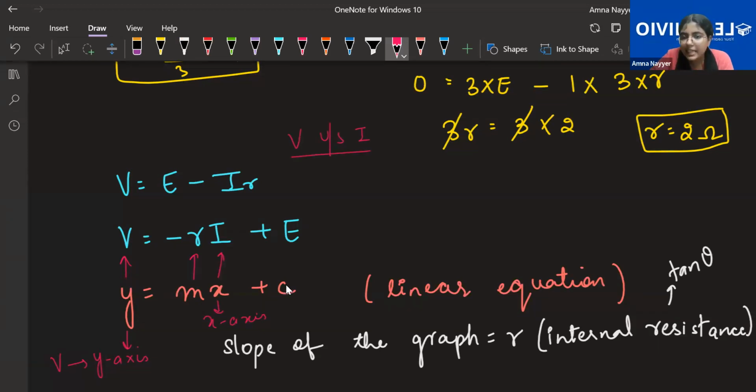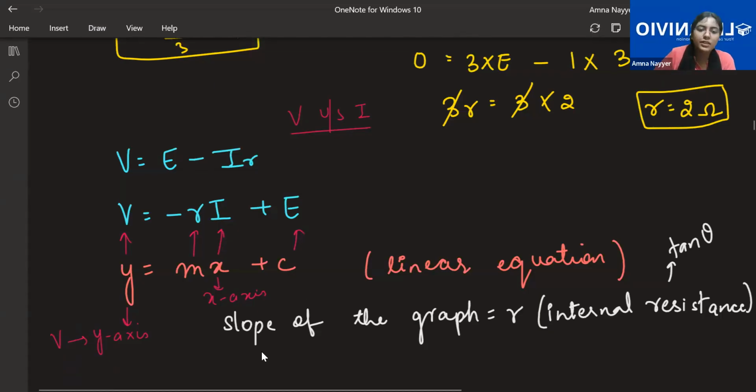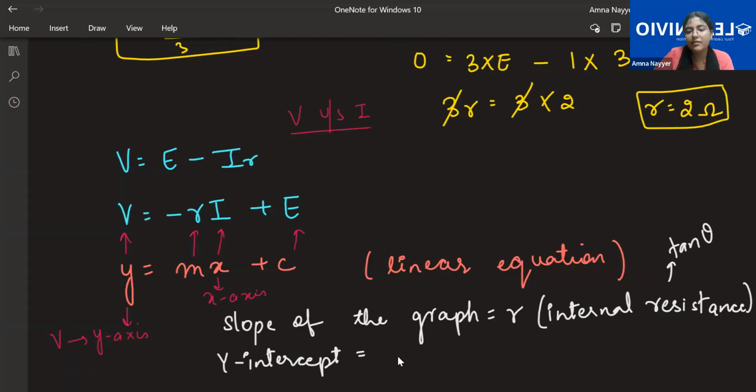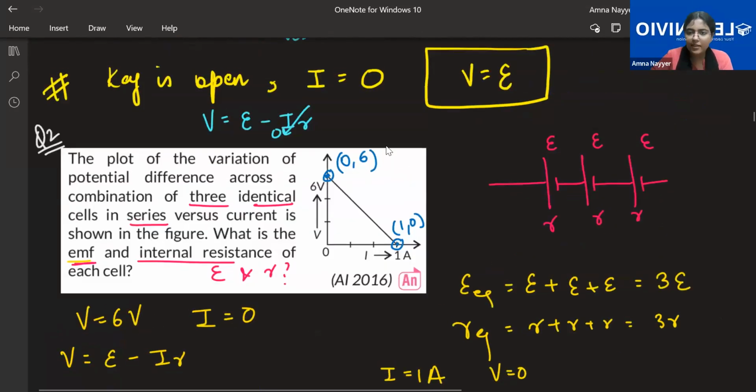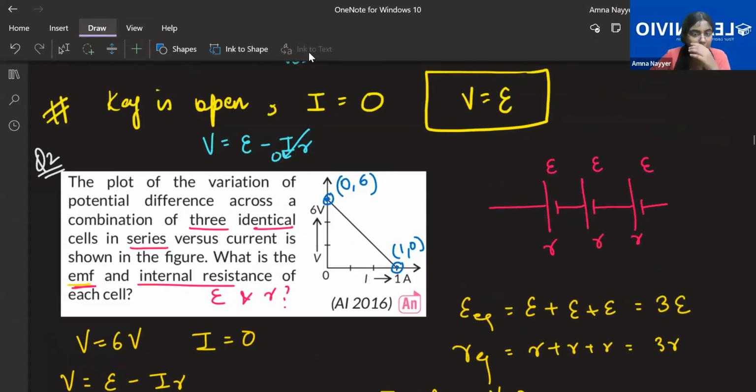And C is basically known as the y-intercept. The y-intercept of the graph will give you the EMF, that is electromotive force. See how? Let's consider this graph only.